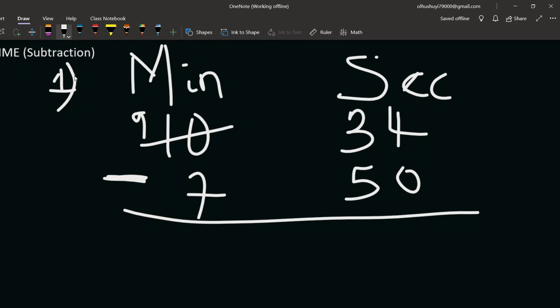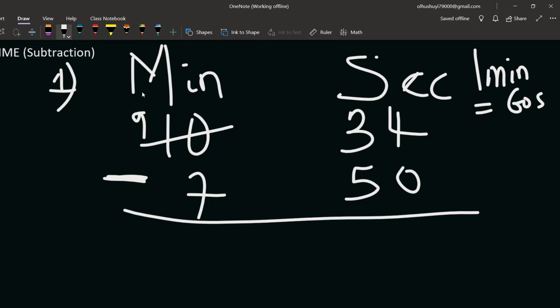Tell students, once you borrow, immediately write out what is left. So you have 1 minute coming down to the second section. You know already that 1 minute is equal to 60 seconds. So what you're adding there is not just 1 minute but 60 seconds.